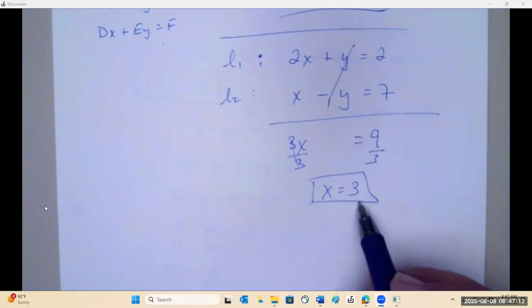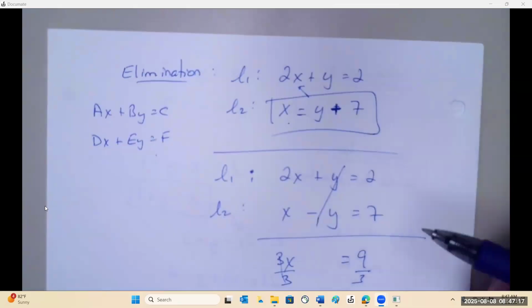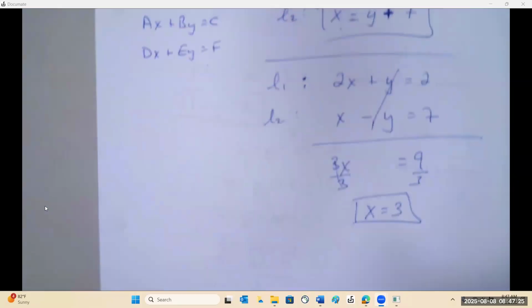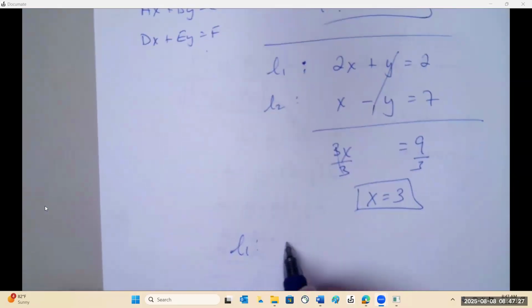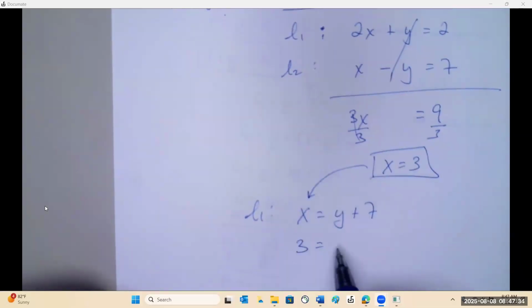Since we have x equals 3, we can choose either of the two original equations. Which one do you want to solve for? Line 1 or line 2? Okay, let's use line 2. x equals y plus 7. We know that x equals 3.